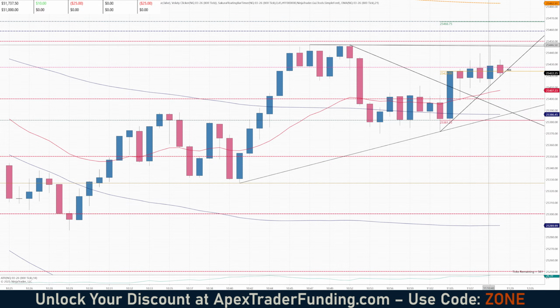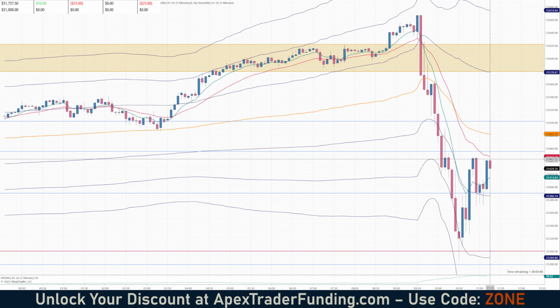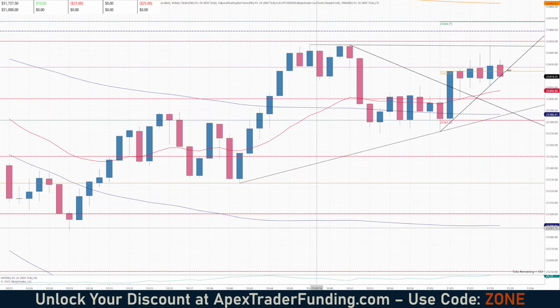All right, we did hit this downward trend line, but we also hit the 21 EMA on the 5 minute. So if we switch over to the 5 minute, you can see we tagged it, or we almost did. We tested it. Let's go back to the 800 tick chart.